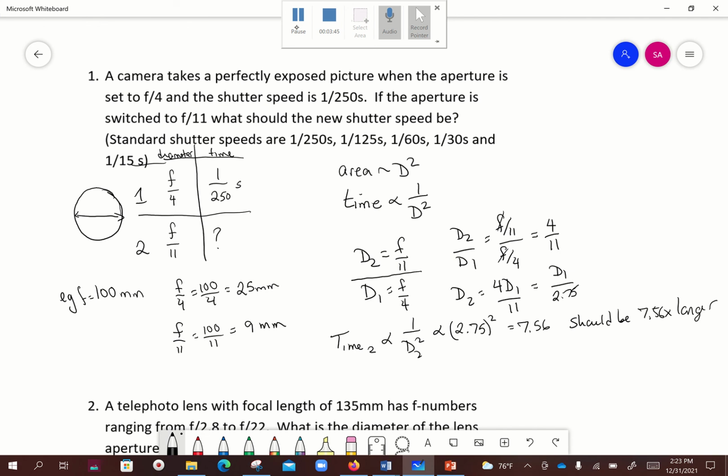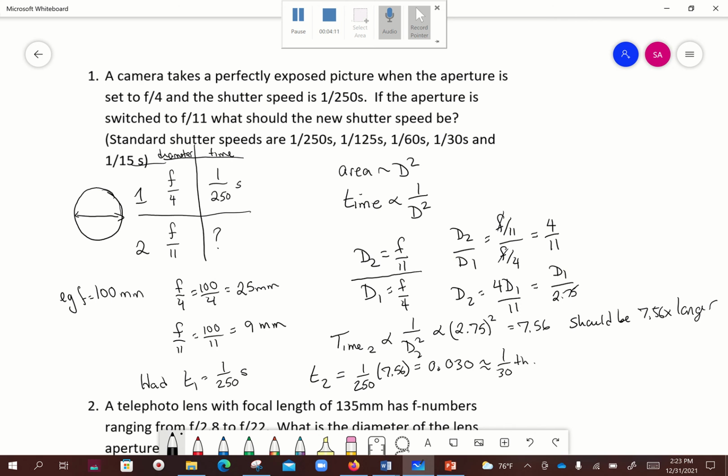So T1 was 1/250th of a second. So T2 is equal to 1/250th times 7.56, which turns out to be 0.030, which is about 1/30th of a second.